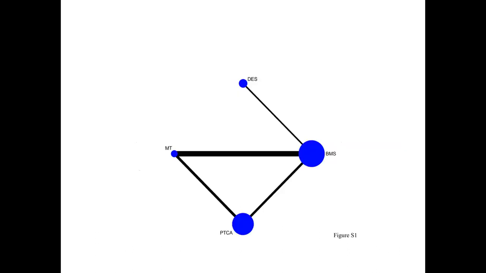Yeah, it's a way that you can see here. There's a study, there's an intervention there, an intervention here, an intervention there, and there. So MMT intervention, PTCA intervention, then BMS intervention.